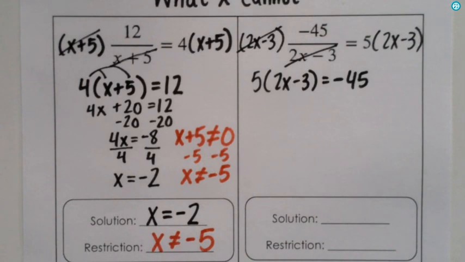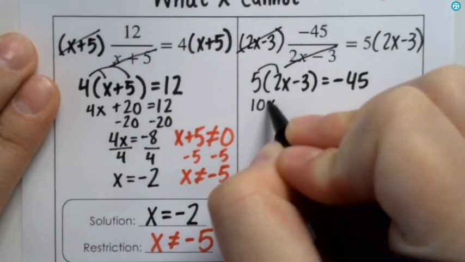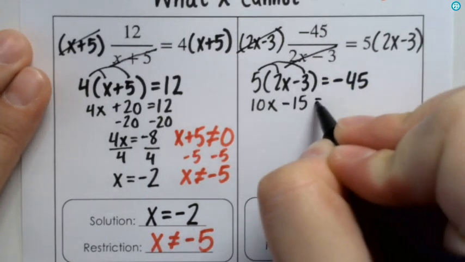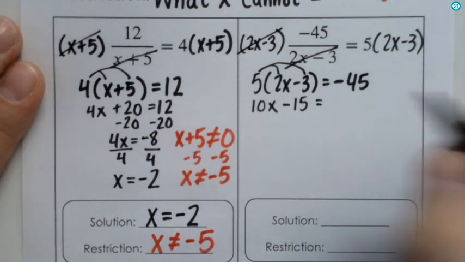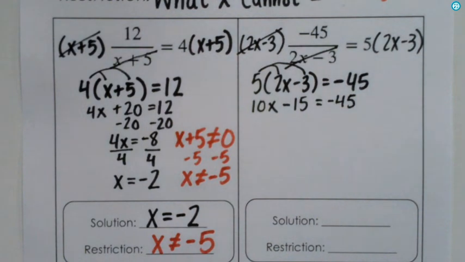From there, I'm going to distribute. So 5 times 2x is 10x. 5 times negative 3 is negative 15. That is equal to negative 45. From there, I can add 15 to both sides.